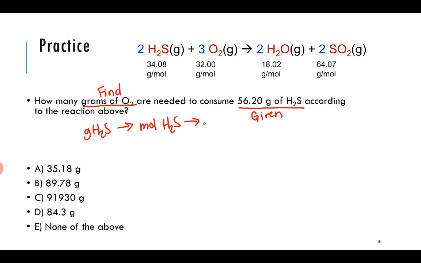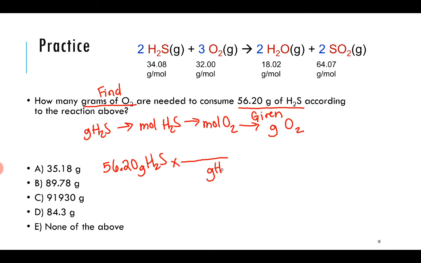Then we're going to switch into moles of the other compound, and then into grams of the other compound. And so let's do that. We have 56.20 grams of H2S. We need to cancel out grams of H2S, and that will give us moles of H2S.